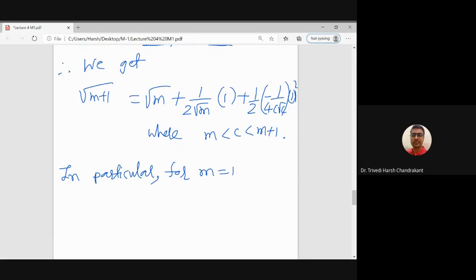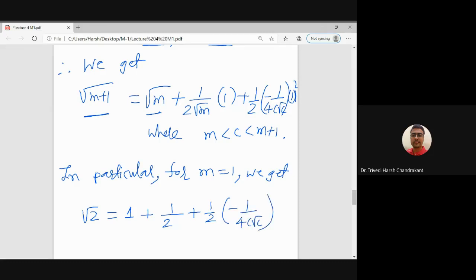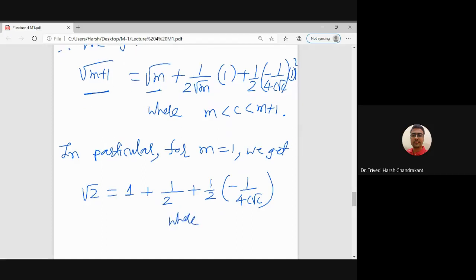So for m equal to 1, we get square root 2 is equal to square root of 1, that is 1, plus 1 by 2 times square root 1, which is 1, plus 1 by 2 times minus 1 upon 4 c root c, where 1 is less than c less than 2. So in the previous formula, we just substituted m equal to 1 and we are essentially getting this one.